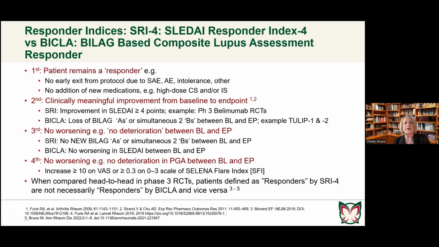And finally, there must be no worsening or deterioration in the physician global assessment, which is an increase in 10 points on a VAS or in the more commonly used Selena Flare Index 0 to 3 scale of greater than 0.3. So when compared head-to-head in phase 3 trials, interestingly enough, patients who are defined as responders by SRI-4 are not necessarily responders by BICLA and vice versa, which leads to more heterogeneity in our outcomes.